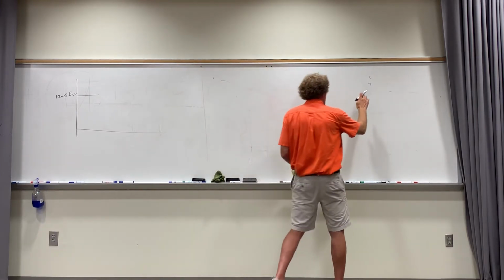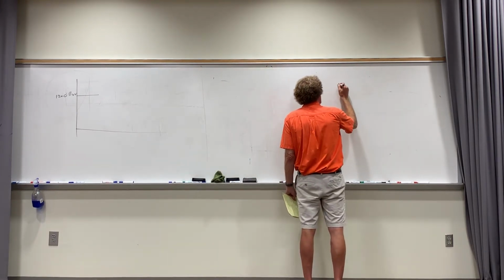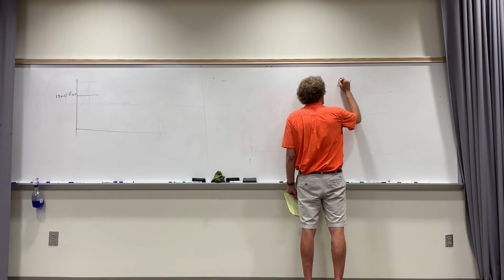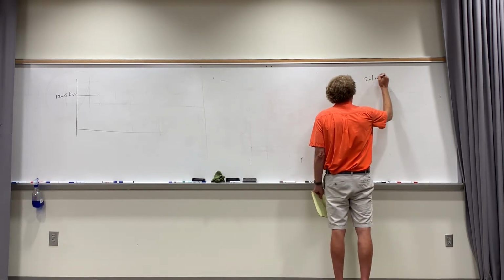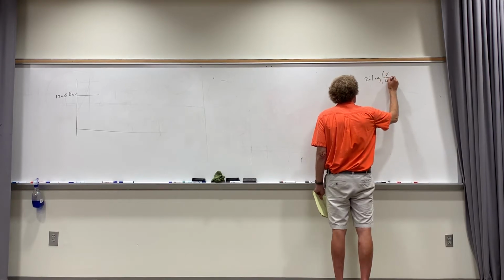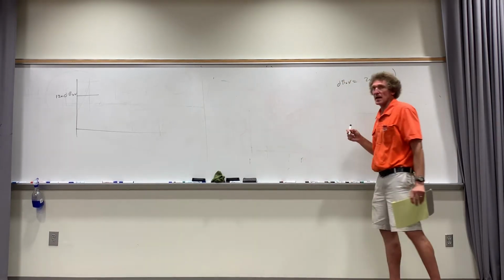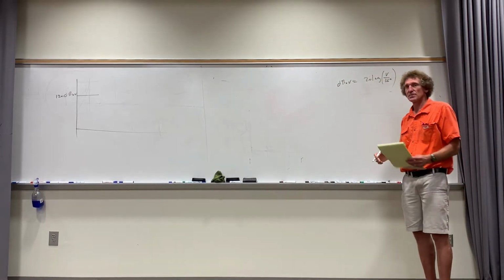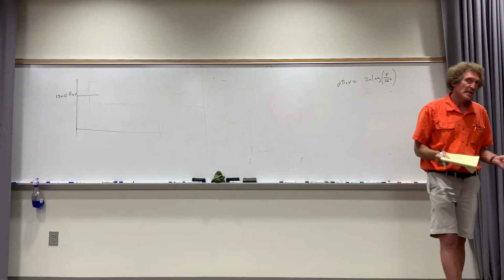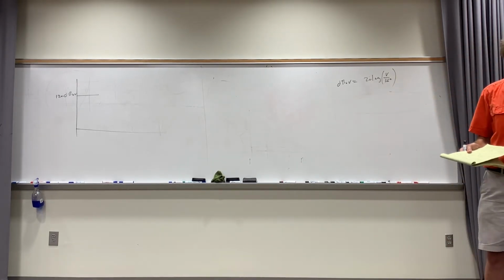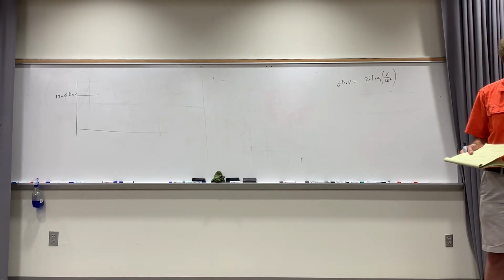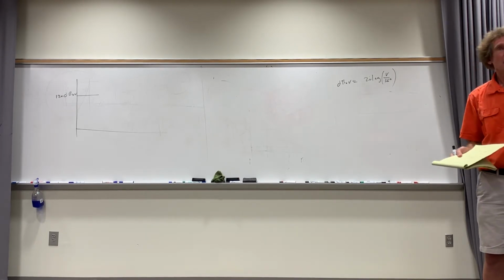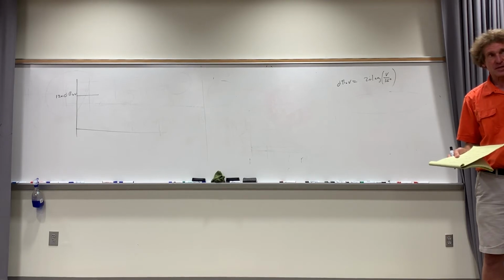A dB microvolt is equal to 20 times the log of an actual voltage divided by 10 to the minus 6. This is a scaling thing. A lot of times you're working with EMC signals in tens of microvolts, sometimes hundreds of nanovolts, sometimes millivolts, so they scale them at 10 to the minus 6. This is dB microvolts. Follow me in this class?